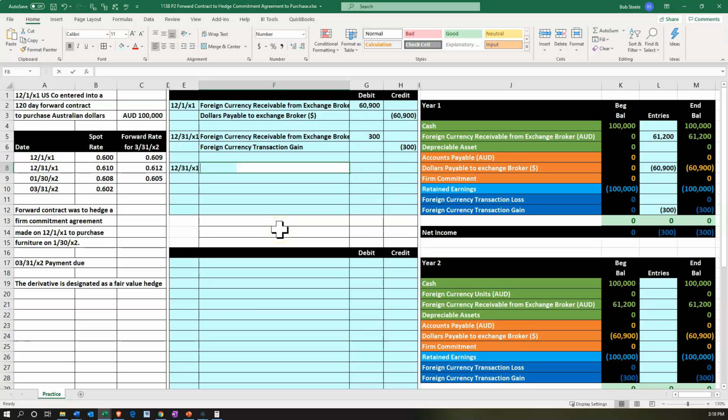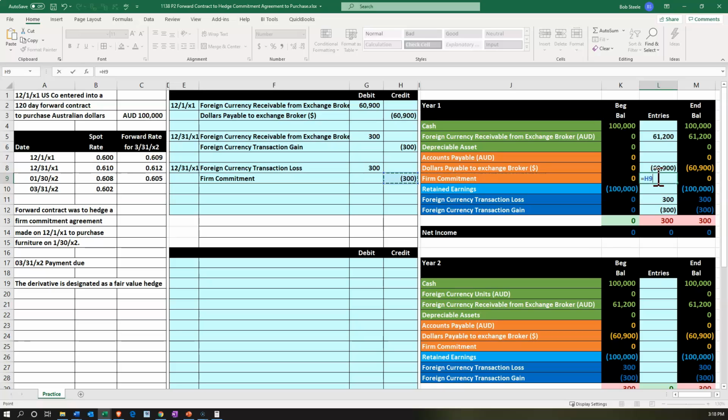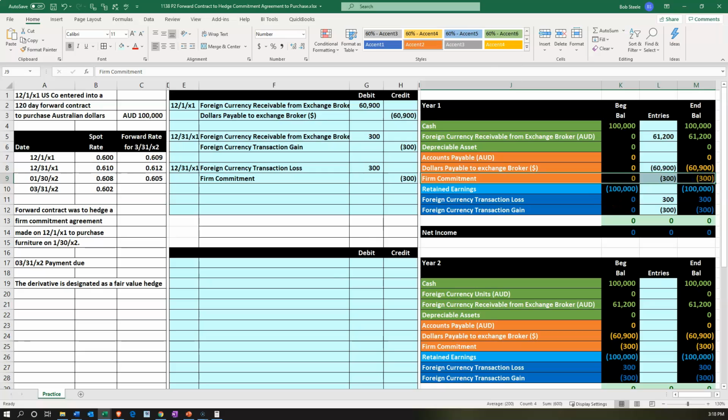So we'll record a loss, which will cancel it out. And then we're going to record the firm commitment, for the same amount, the 300 and the 300. If we record that, then on the income statement side we have the debit of the 300, the gain and loss canceling each other out for net income purposes. And then we have the firm commitment up top at the 300. We're going to record that here on the credit side of things.